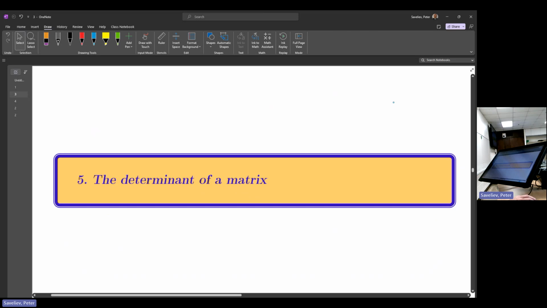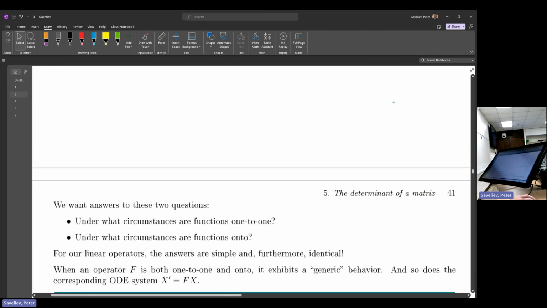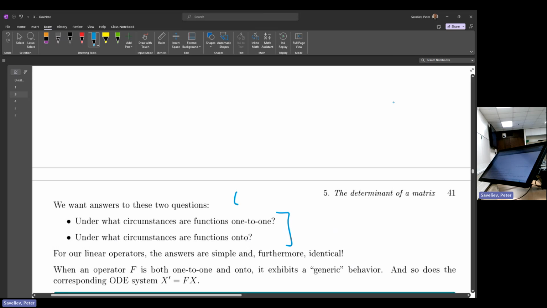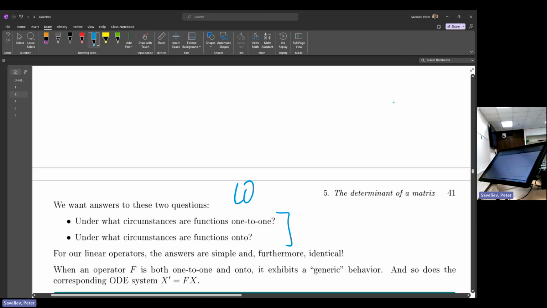Okay, so the determinant of a matrix, what is it supposed to determine? This is a very basic question that we ask, and that is: the linear operator, is it one-to-one and onto? We have run into that a few times already.